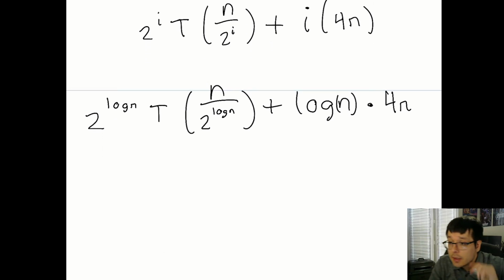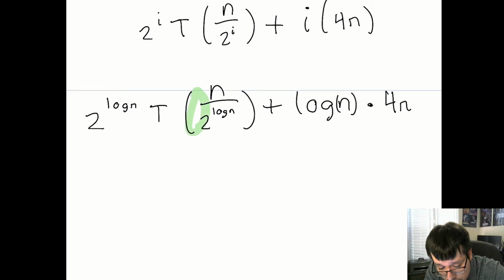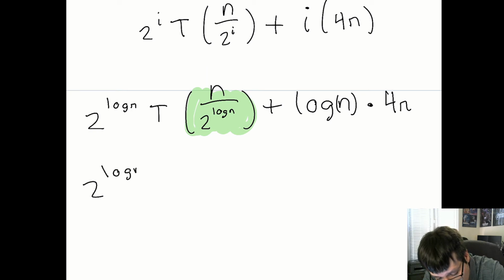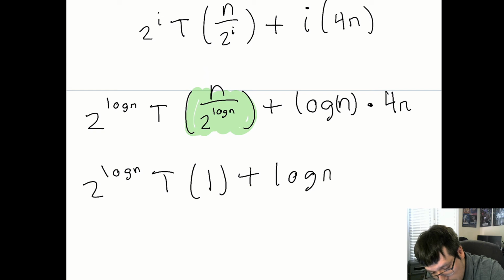But guess what? Because of what we just did up there, we know that n divided by 2 to the power log of n is just equal to 1. So this really becomes 2 to the log of n, and we're doing this intentionally. That's the whole point of doing this. Log of n times 4n, okay?